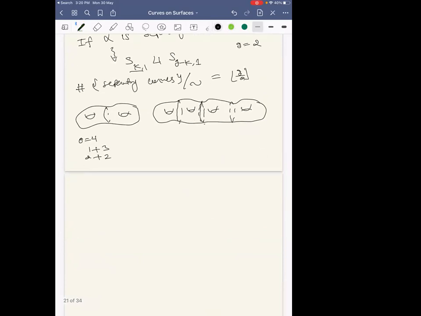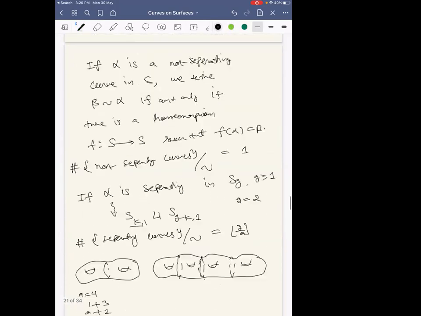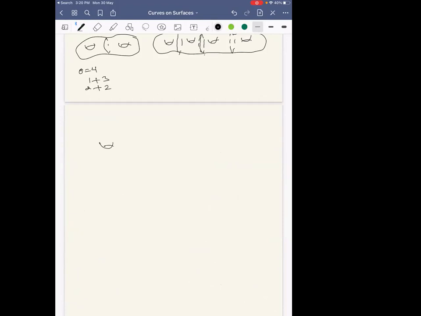Let me take alpha 1, and let's say this is beta 1. Suppose this is alpha 2, beta 2. Both have the same geometric intersection number 1. So you want to look for a homeomorphism which maps alpha 1 to alpha 2, beta 1 to beta 2.